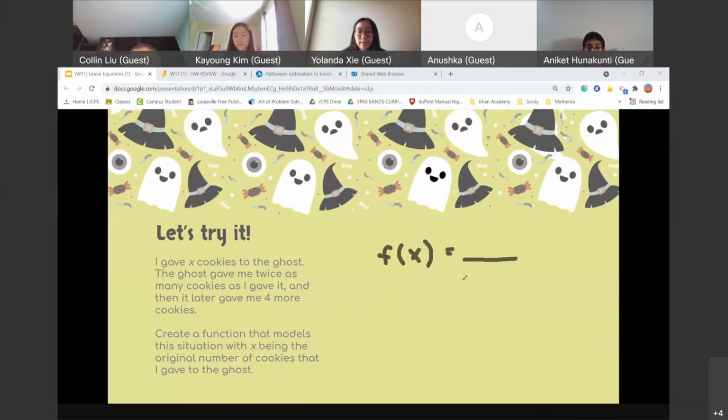All right, so you guys are saying 2x plus 4, which would be correct here. Aniket, yours is basically correct, but you could simplify it down a bit so you don't have to write the parentheses. So the function would be f of x equals 2x plus 4. Say I gave the ghost 3 cookies, how many cookies would I get back?